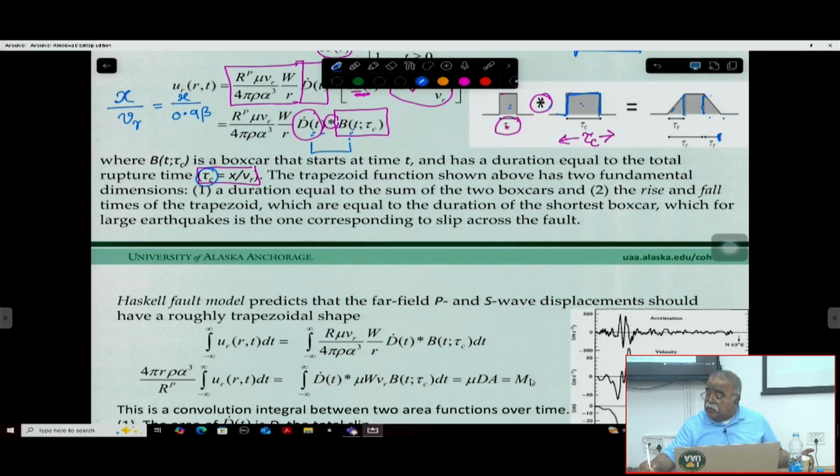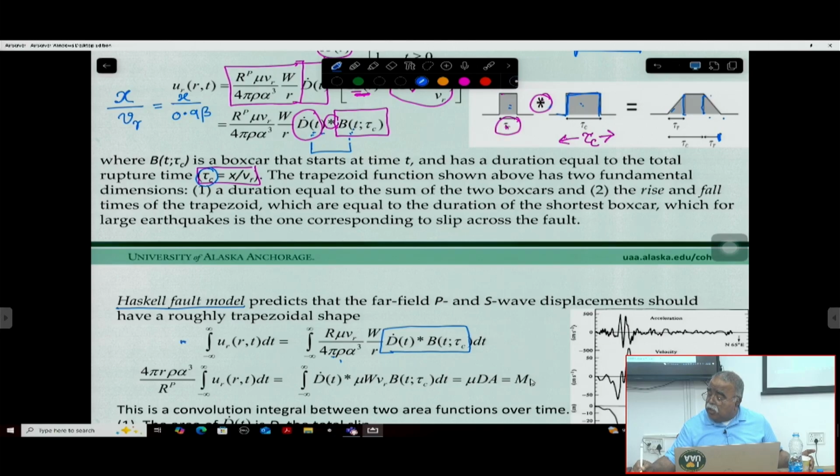So this is your Haskell fault model. It is one of the simplest fault models, and that will be equal to U(t) will be equal to this much, and these two things will be convolved with each other, and then you can multiply this part with this one.